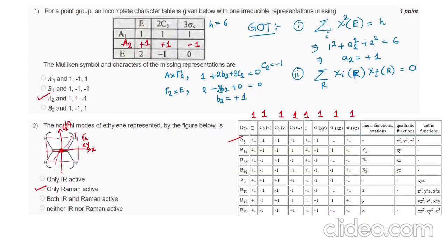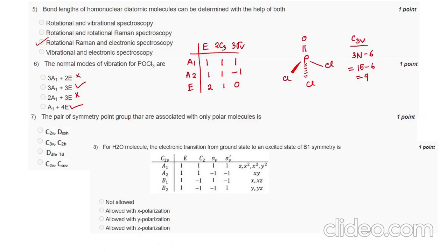Do we have it? Yes, C3v. This is also C3v. So 2, minus 1, 0. Okay, so this is for C3v, the point group character table.